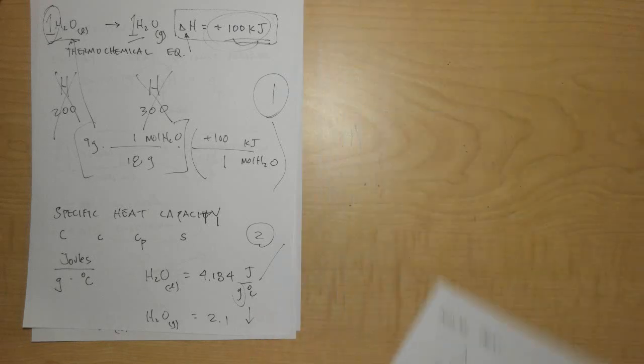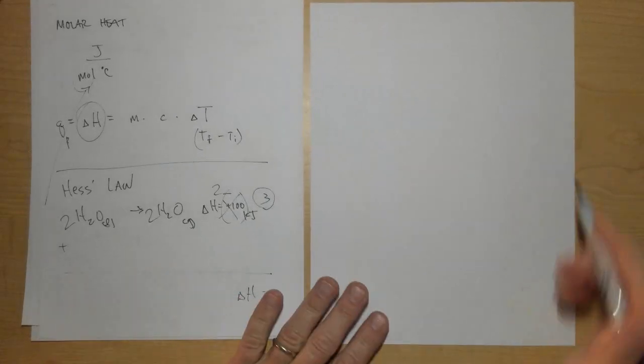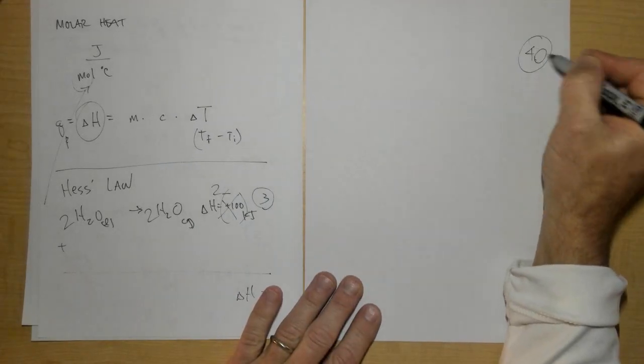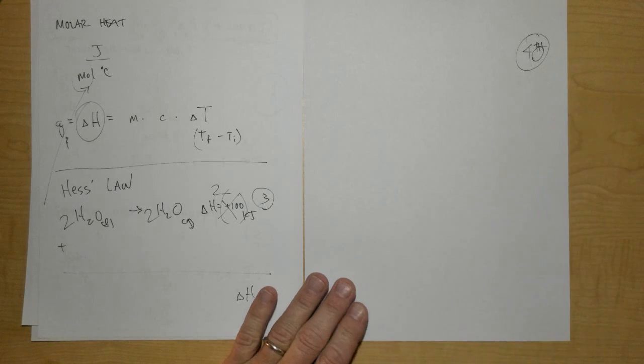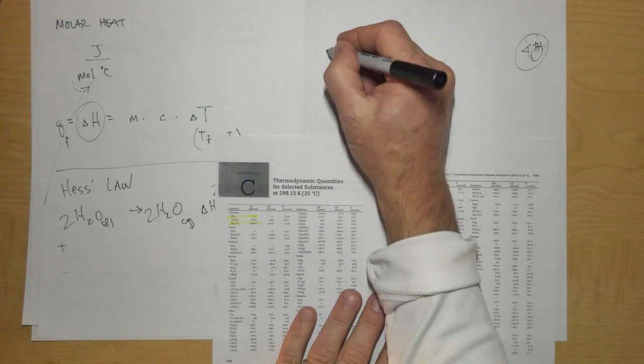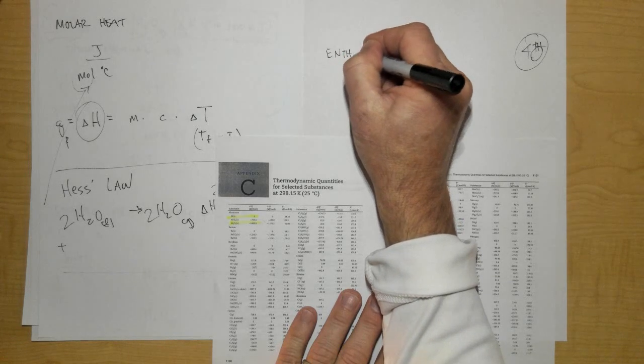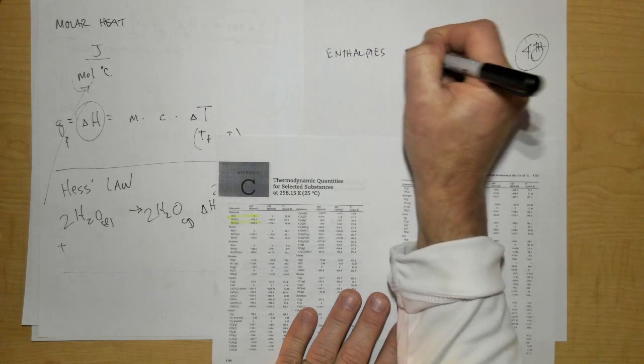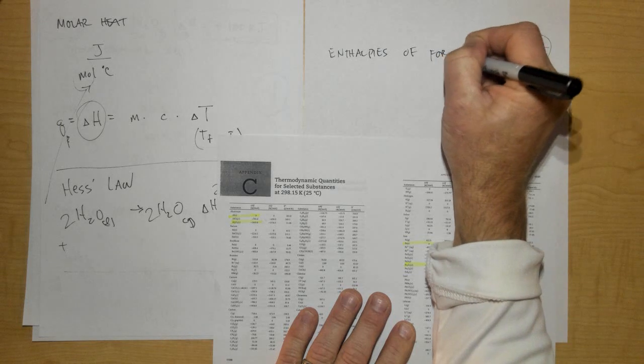The last way, or the fourth way that you can find enthalpy, is using the thermodynamic quantities in selected substances. These are called enthalpies of formation.